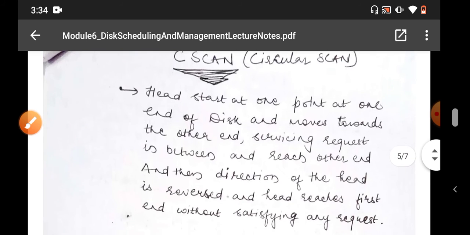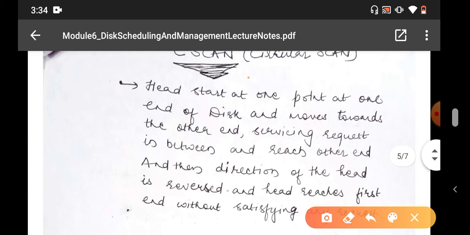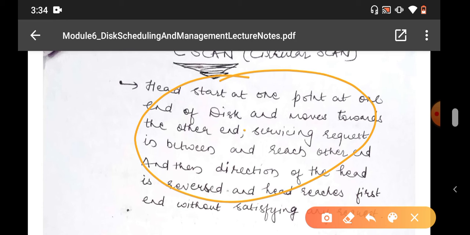in SCAN it will move in this direction servicing the requests, and then after the head reaches over here, the head will again return to this position, and then it will again service the requests.